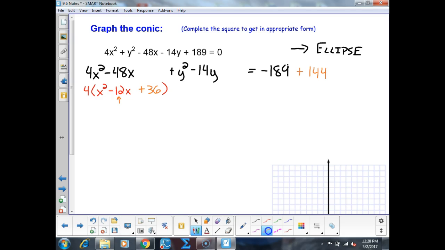Then I redo that process here. What's my b now? Negative 14 divided by 2, negative 7 squared, 49. So I'm adding 49 there, which means I have to add 49 to the other side.